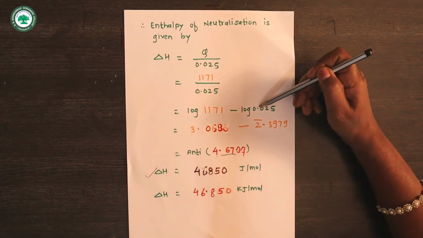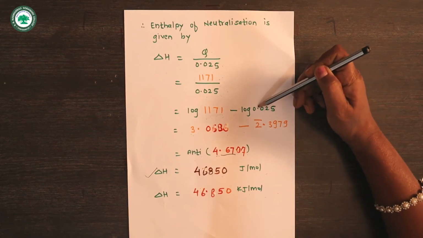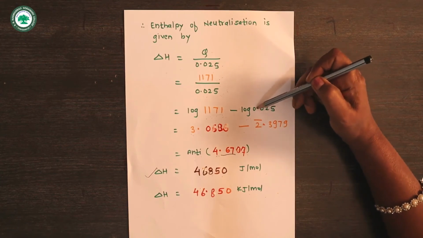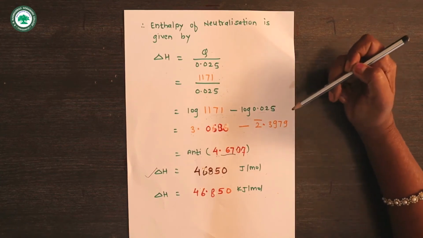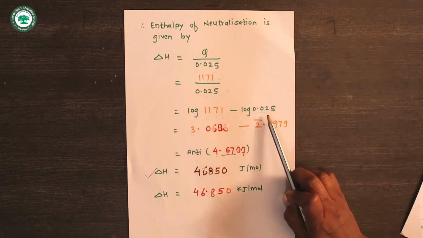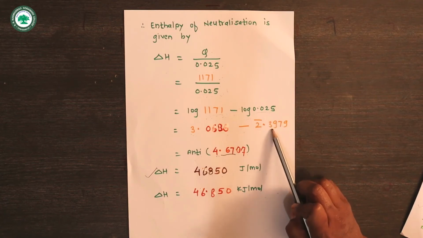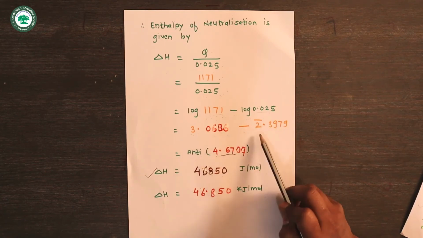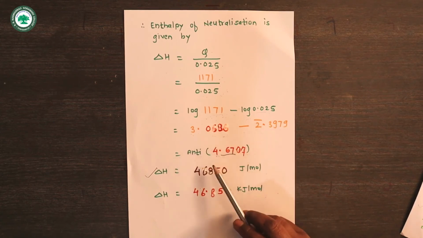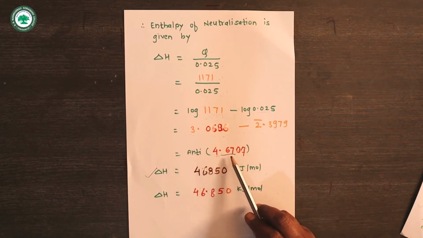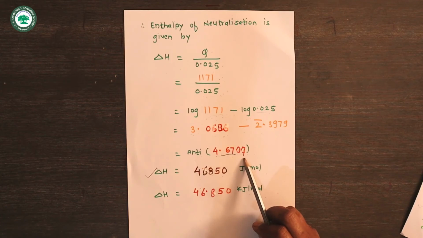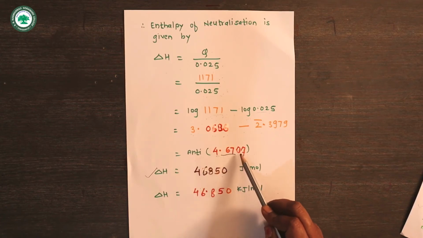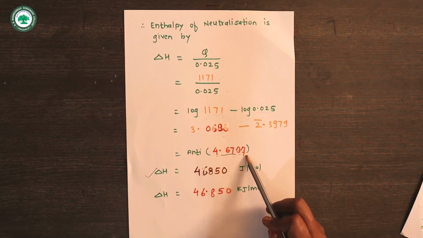Now for 0.025, after the point a 0 is there, and so the characteristic of this number is found to be bar 2. And the log of 25 followed by 0 is 0.3979. By subtraction of both these logs, we get 4.6707. And we have to find the antilog of 0.67 followed by 0 and the difference in 7.